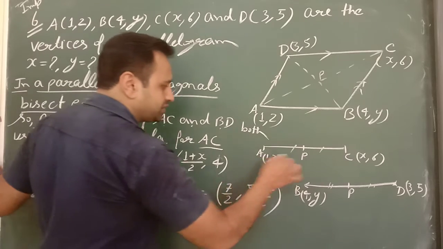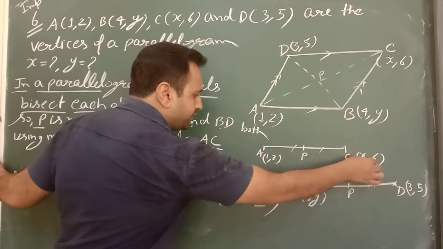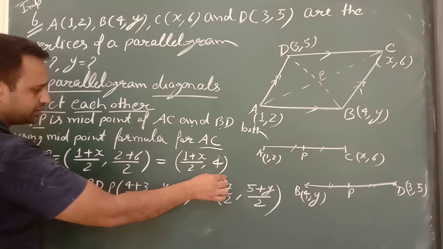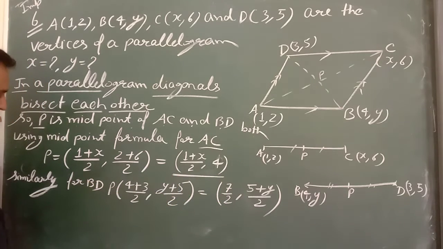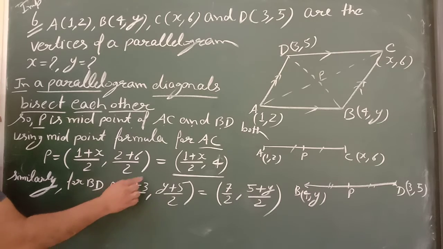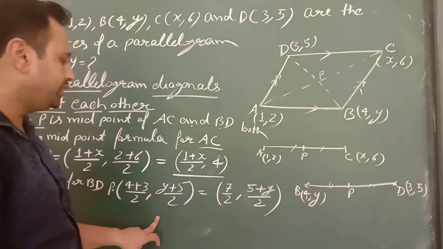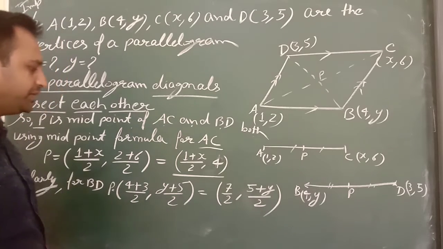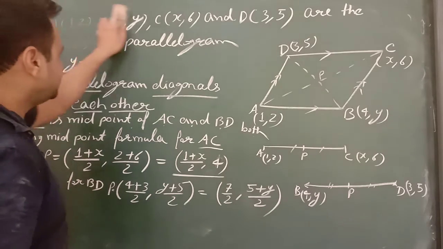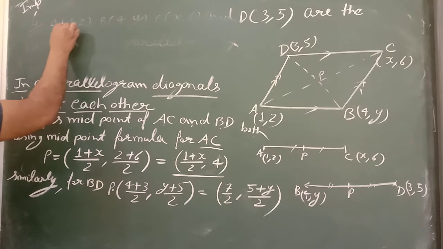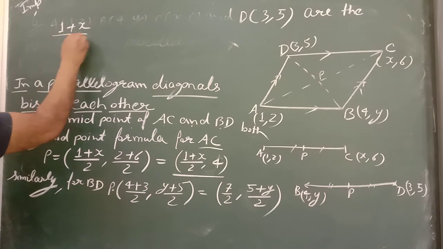Midpoint formula: (x1 plus x2) upon 2, comma (y1 plus y2) upon 2. So after using the formula, this is the coordinate of point P. Similarly for BD, we used the same formula again: (4 plus 3) upon 2, comma (y plus y) upon 2, and it is the coordinate of point P again. Because these are coordinates of the same point, we can write both are equal.